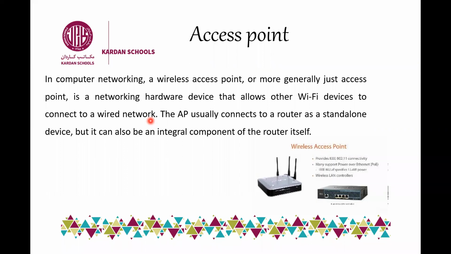The AP, or access point, usually connects to a router as a standalone device. For connecting a modem or access point, sometimes we need a router. Why do we need a router? Because an access point is a standalone device, but it can also be an integral component of the router itself, or it can be used as a part of a router. A router strengthens the quality of Wi-Fi.